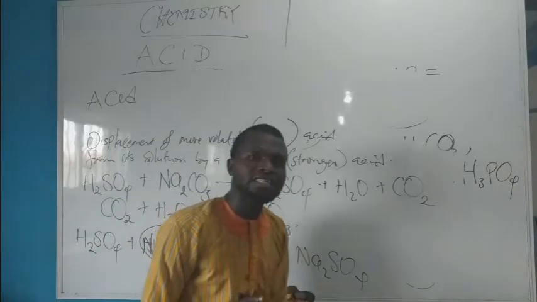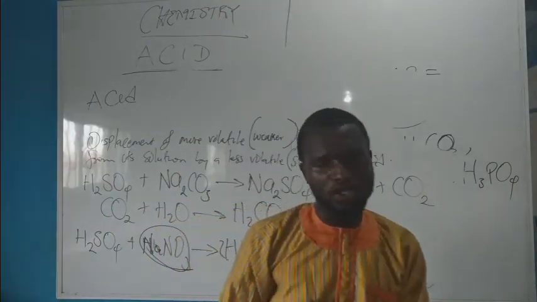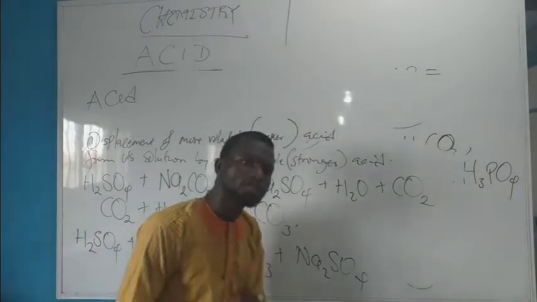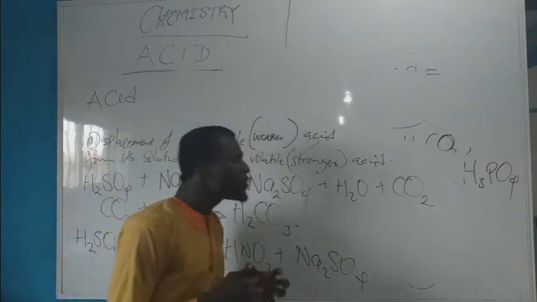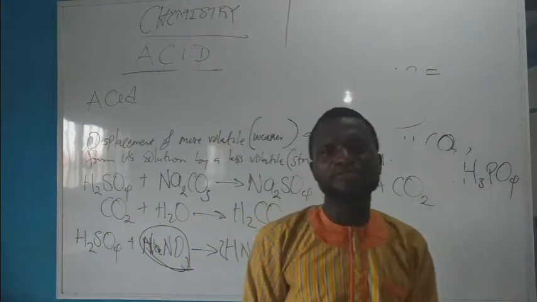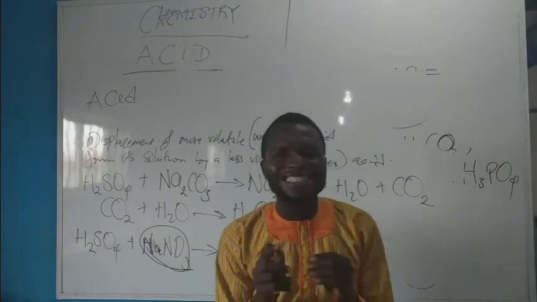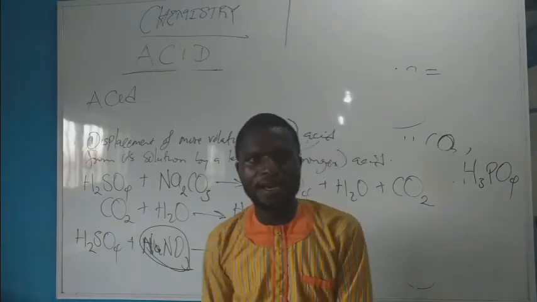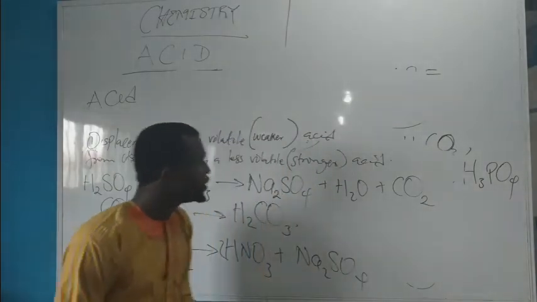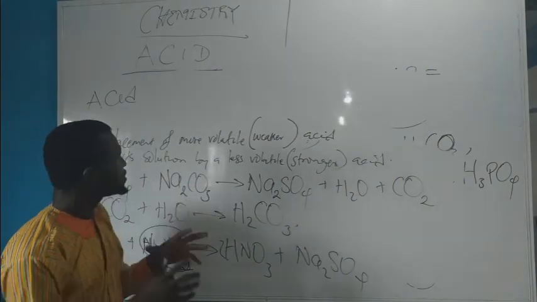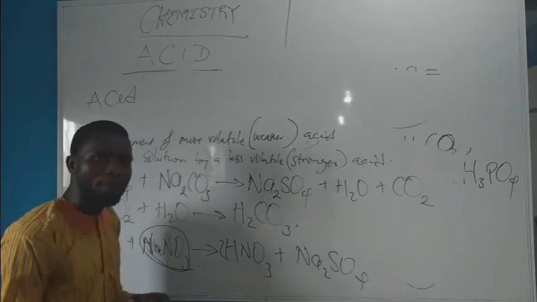Then 3. Acid turns blue litmus red. The presence of acid in unripe fruit accounts for the characteristic sharp sour taste associated with the fruit. Then that's the four physical properties of acid.